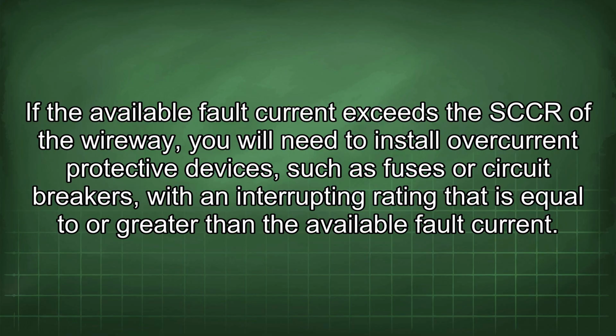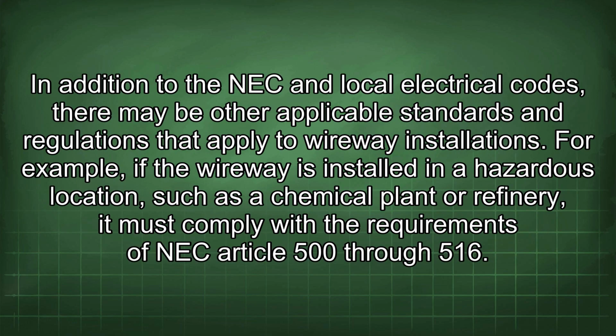fault current. In addition to the NEC and local electrical codes, there may be other applicable standards and regulations that apply to wireway installations. For example, if the wireway is installed in a hazardous location, such as a chemical plant or refinery, it must comply with the requirements of NEC Articles 500 through 516.